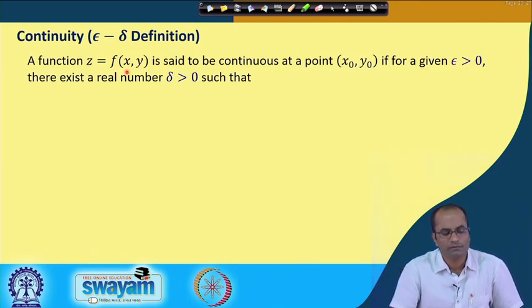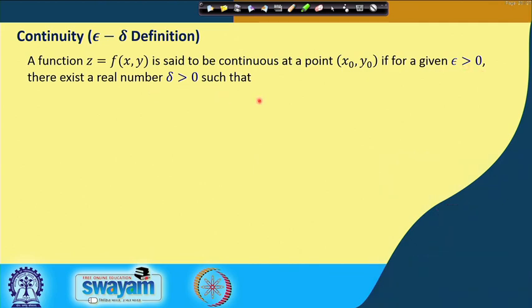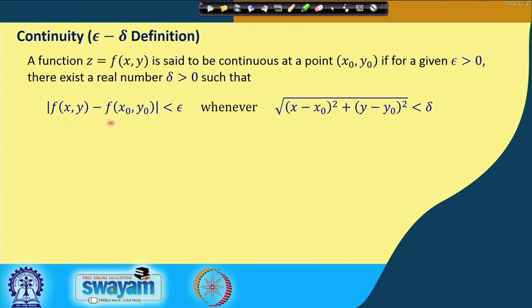A function z equals f(x, y) is said to be continuous at a point (x0, y0) if for a given epsilon there exists a real number delta positive such that the difference between f(x, y) and the value of f at (x0, y0) is less than epsilon whenever we take x and y from the delta neighborhood of the point (x0, y0). This was eventually the definition of the limit as well, where we have seen that the function has a limit L.